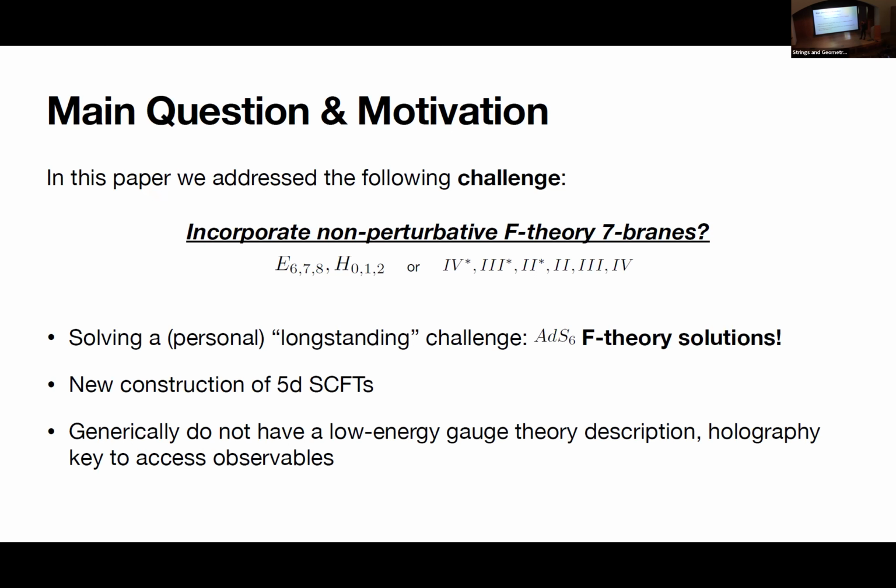But on the other hand, they are new constructions. Finally, these 5D CFTs will generically not have a gauge theory description at low energy, so having the holographic description would be helpful in order to compute something meaningful, something physical about these CFTs.